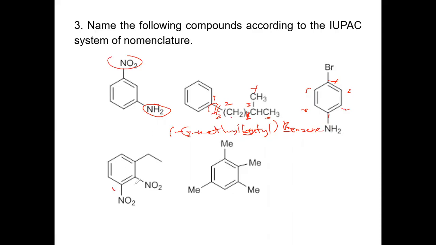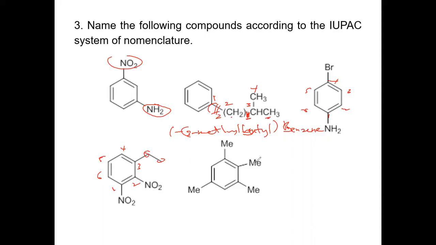So this can be 1, 2, 3, 4, 5, 6. And then this one is an ethyl group, CH2CH3. Right? So ethyl group. Now ethyl, nitro, E comes before N. So I can say it is 3-ethyl-1,2-dinitrobenzene.